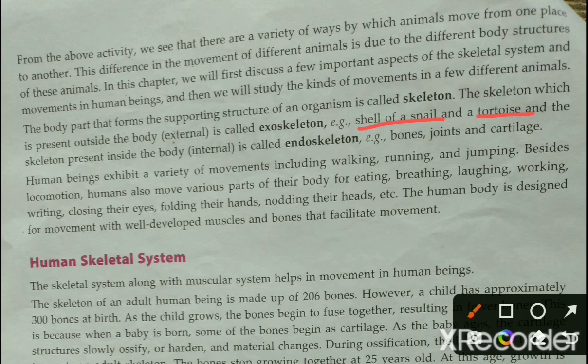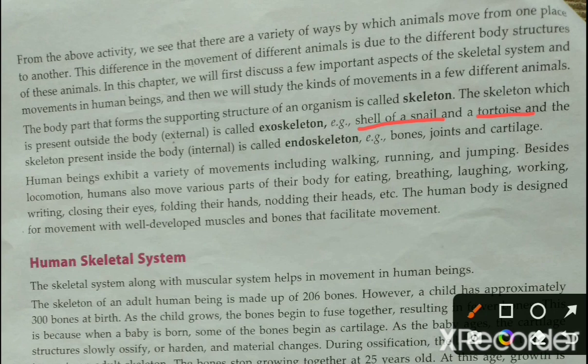Usually we say the skeleton which is present inside the body gives a supporting structure to our body, right? Examples are animals and human beings, birds, fishes. You can take any endoskeleton, where the skeleton is present internally inside our body, giving us a structure and also supporting us to do some movement or locomotion.